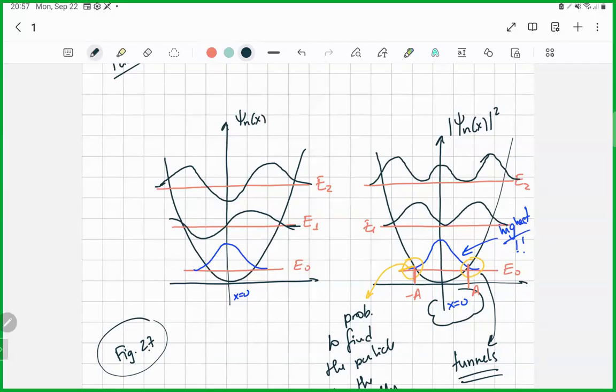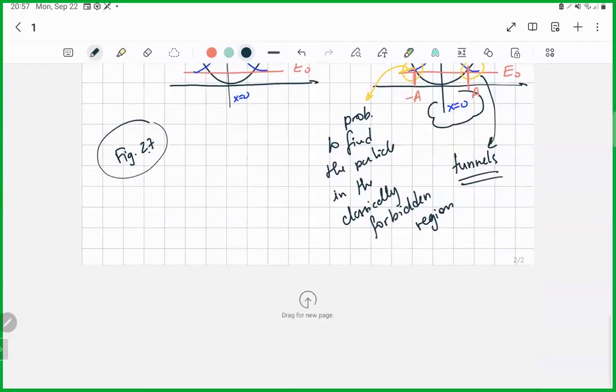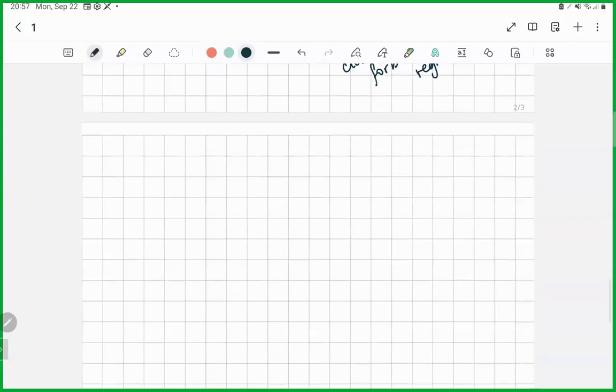But the important thing is that as we go higher in energy, we are getting more and more oscillations. Eventually, if you go to a very large energy, for example 60, and you try to draw the probability density, you will see something very interesting. Again, look at it in your book to get a nice figure.